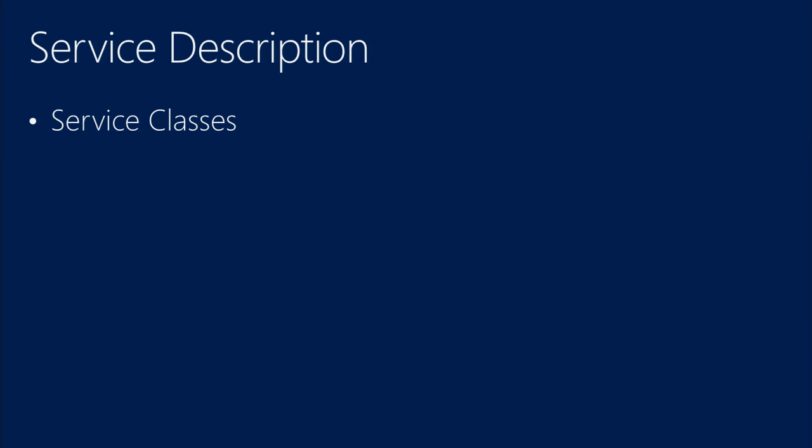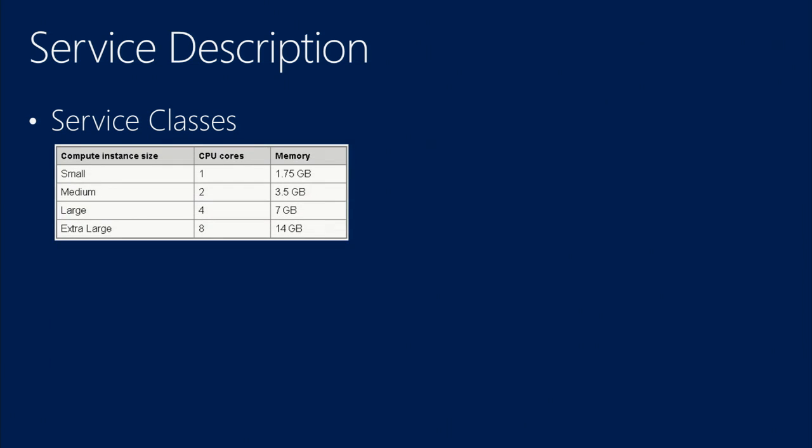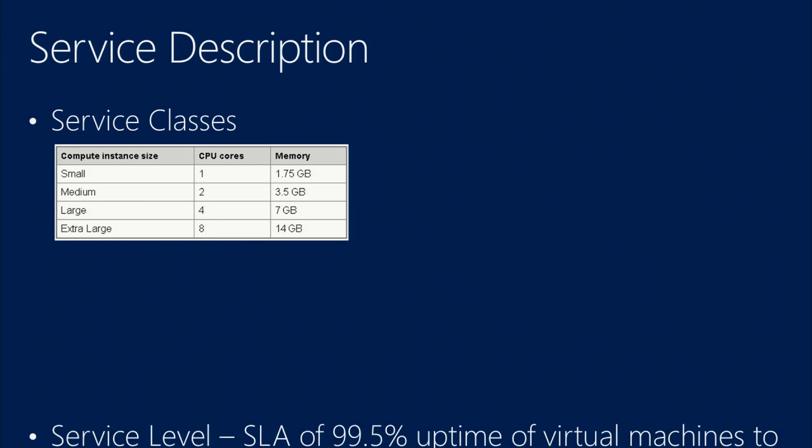For Contoso, what they did was they defined service classes, pretty much leveraging the same idea as Windows Azure, where you have compute instances based on size: small, medium, large, and extra large. That way, their consumers can choose which compute resource they're going to use based on those T-shirt sizes, let's put it this way, right?